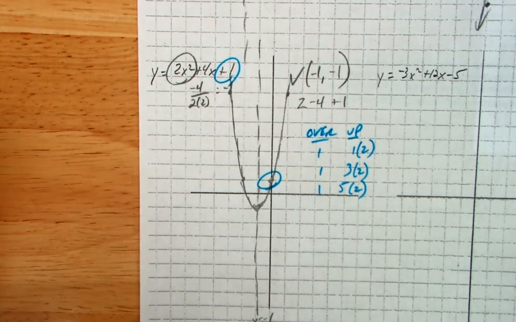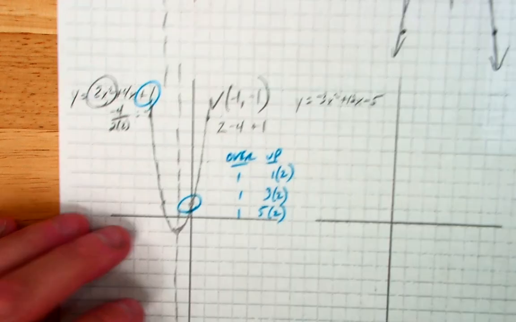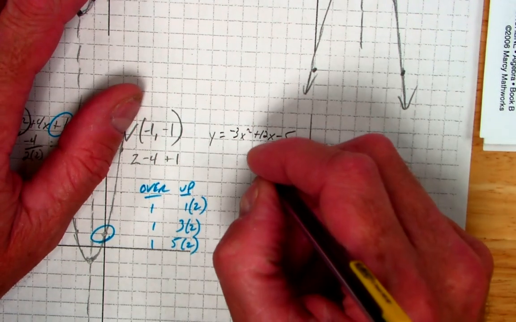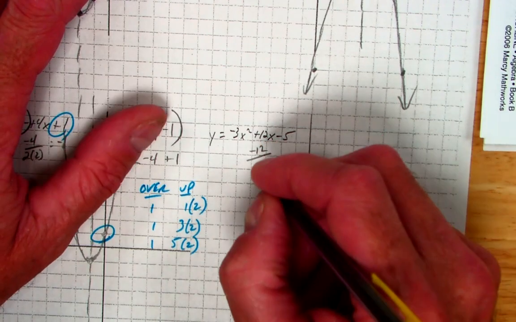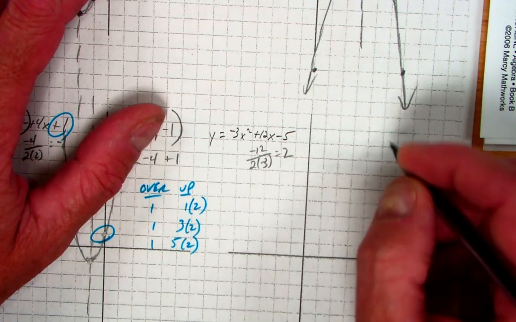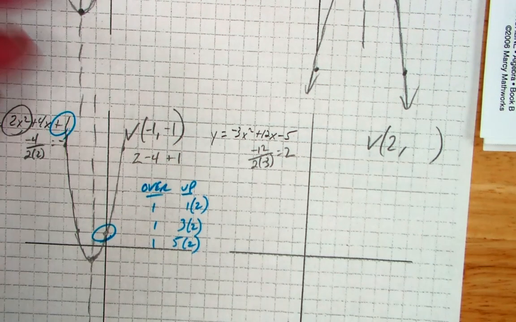Okay. Ready for one last parabola? You're like, yeah, please be done with these parabolas. Here we go. -b over 2a. To something.